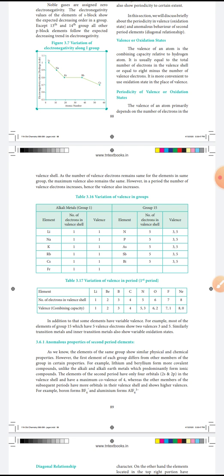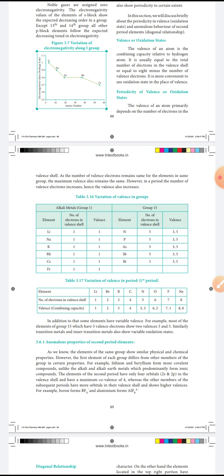For example, lithium and beryllium form more covalent compounds, unlike the alkali and alkaline earth metals, which predominantly form ionic compounds. The elements of the second period have only 4 orbitals, 2s and 2p, in the valence shell and have a maximum covalence of 4.